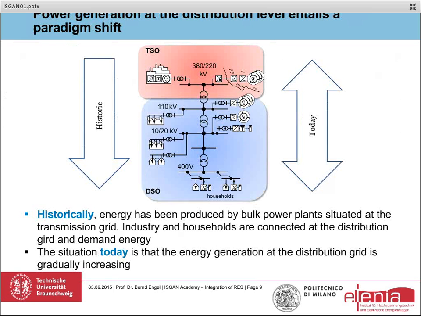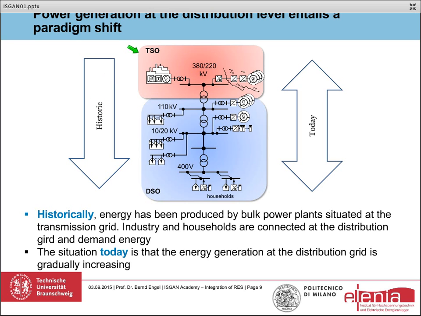So we have a clear paradigm shift in the power generation at the distribution level. Historically, energy has been produced by bulk power plants situated at the transmission grid. Industry and households are connected to the distribution grid and demand energy.